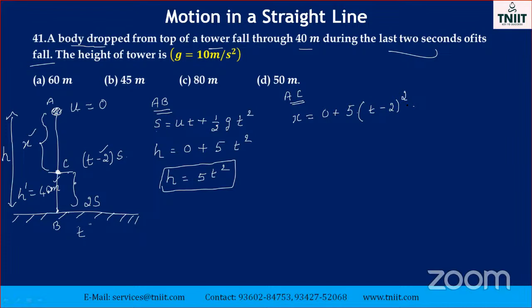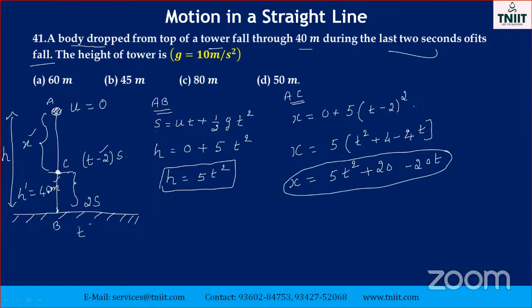So x is equal to 5 into t squared plus 4 minus 4t. I am just using the a minus b whole squared format. So x is equal to 5t squared plus 5 into 4, 20, minus 20t. This is one equation for x.